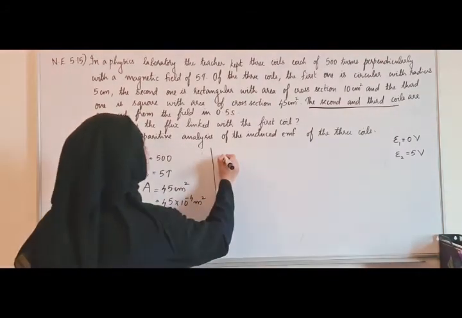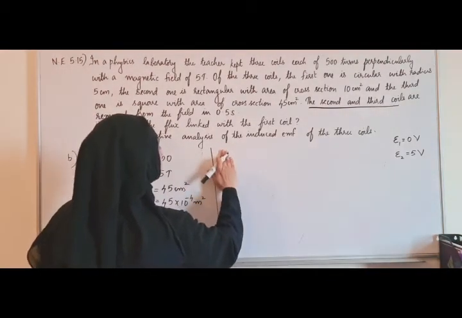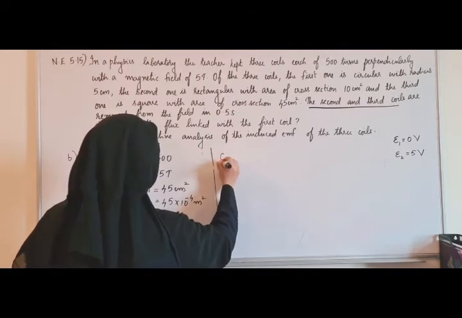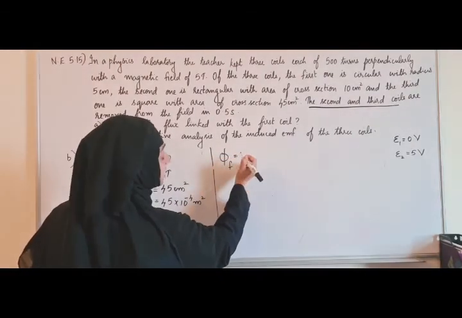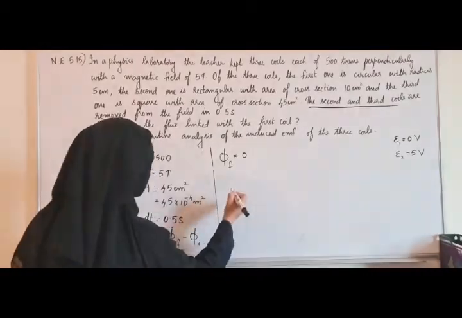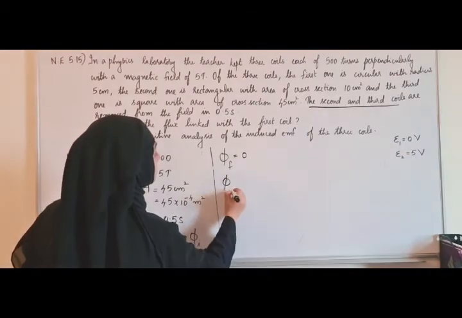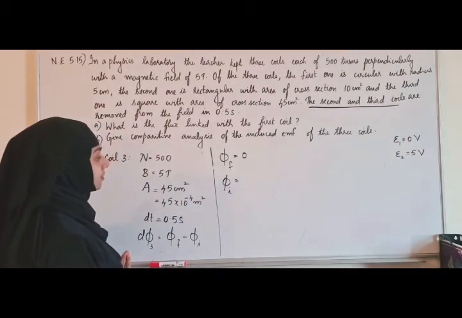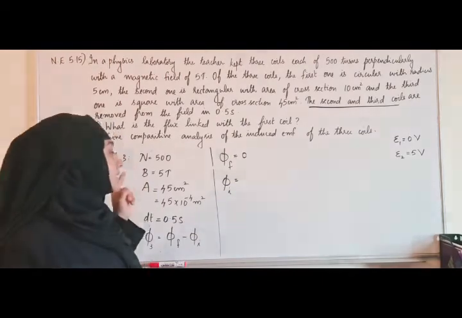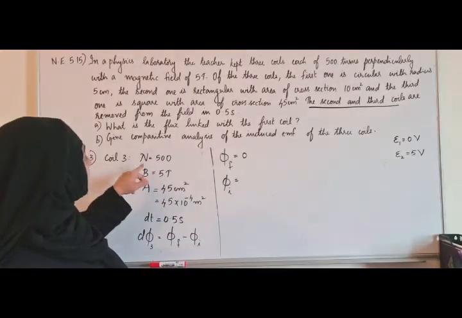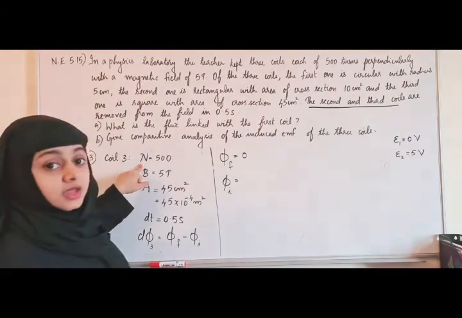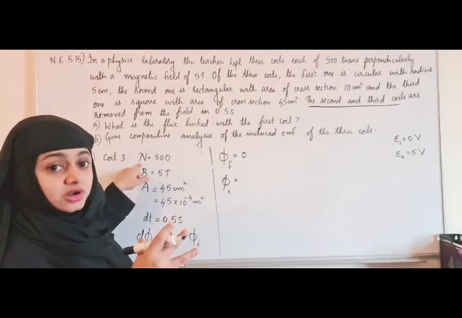So phi 3 final flux is equal to 0 and initial flux is equal to, for a single turn, we are taking the case of single turn because we will be using N in the formula for EMF.